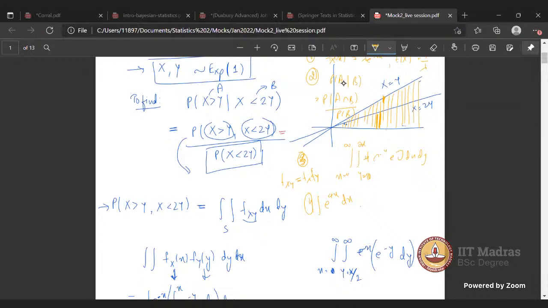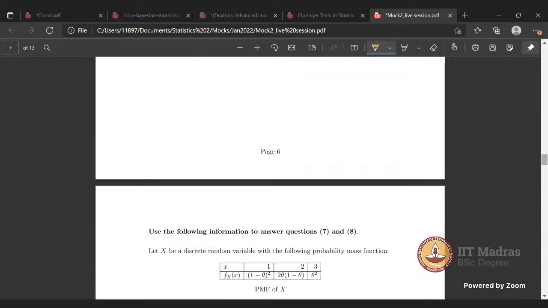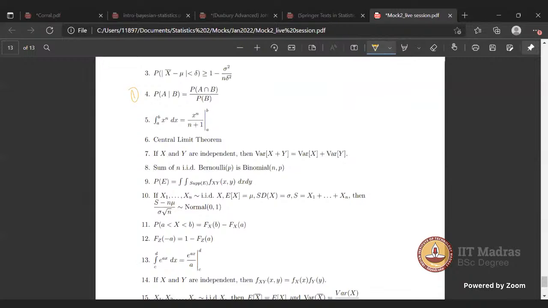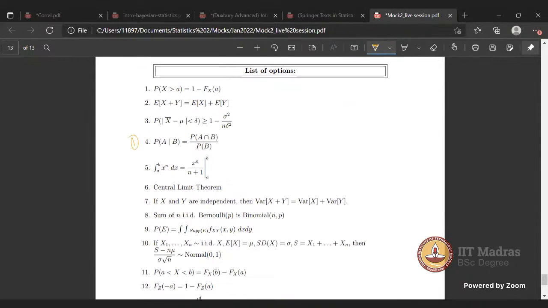What generally I do is I do my problem and then I check the formula sheet, which has this list of options. We have to find the conditional probability, and I can see we have it in the list, so I can say I have used this for the first problem.